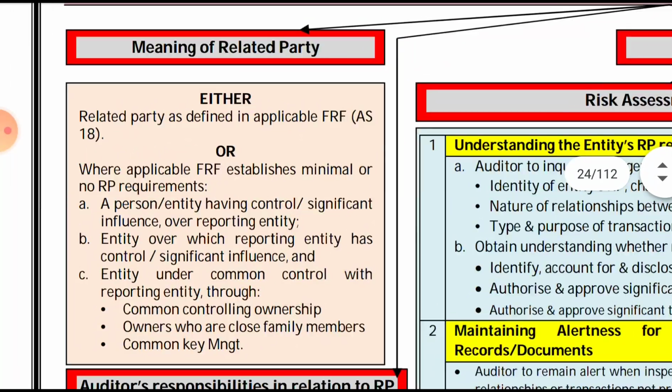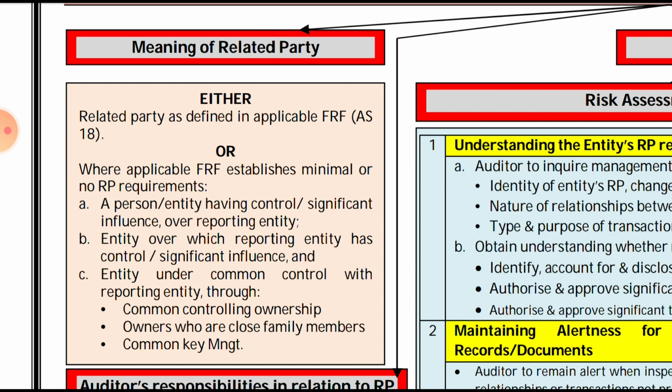A related party is defined as per the applicable financial reporting framework, AS 18, or in the case of Ind AS 24, or where the applicable financial reporting framework establishes minimal or no related party requirements.